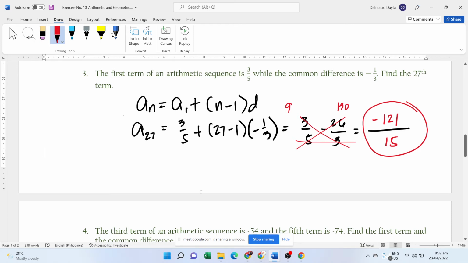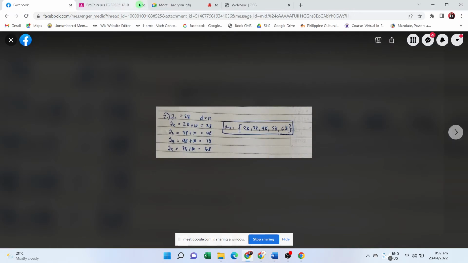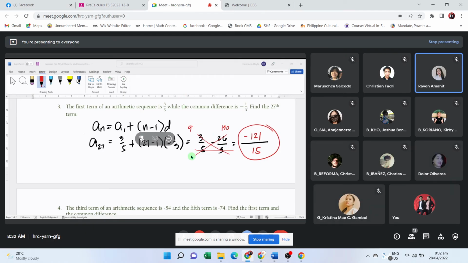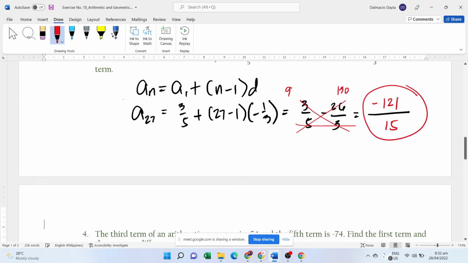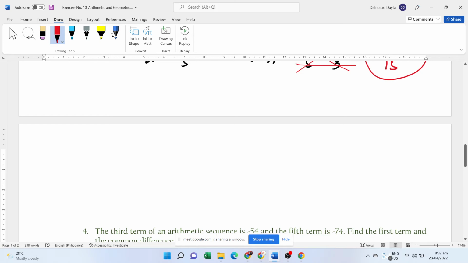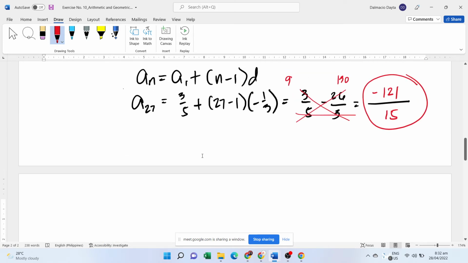Do you have any question, class? Yes, Maruska. Sir, paano po pag mixed numbers po? Pag mixed number, sige. Pagbigyan natin si Maruska. Give me a mixed number problem. Ay, sagot po.